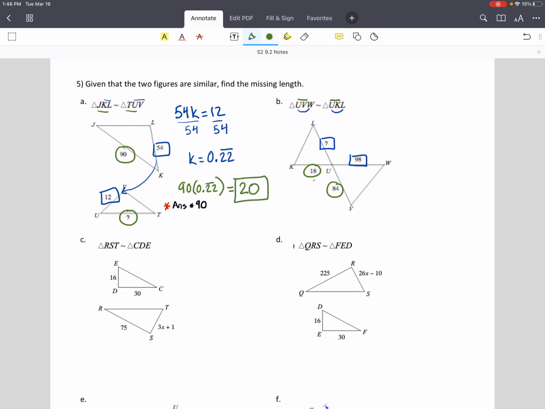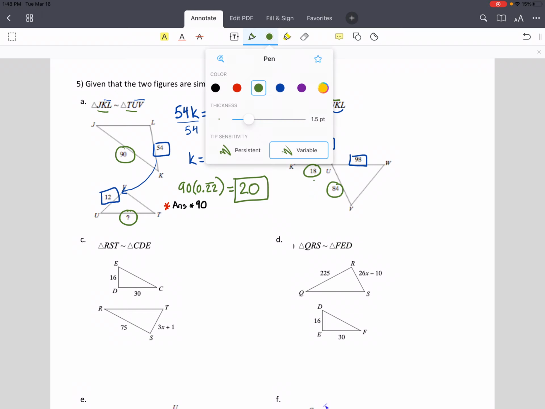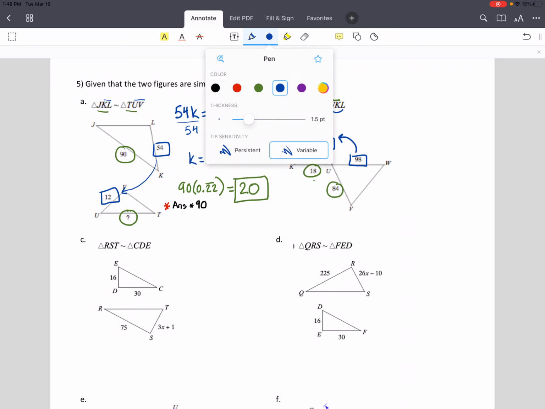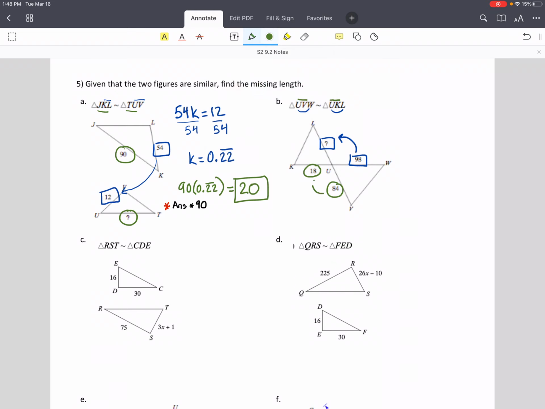Let's see, I need to get 98 times something, which tells me that I need to keep that direction the same and go 84. I need to find the scale factor that gets from 84 to 18. We want to keep the direction consistent, which is why I did that. So 84 times the scale factor gets me 18.